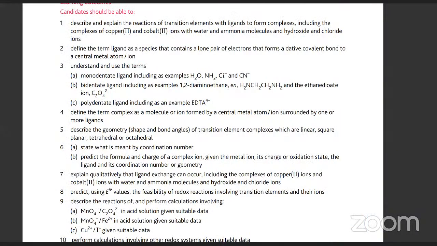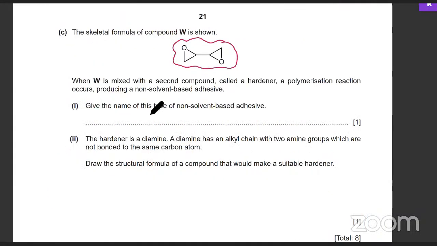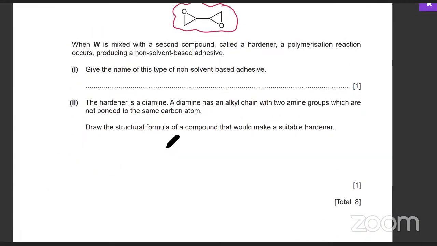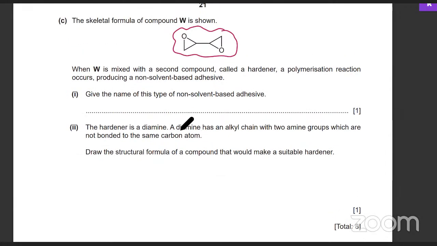Okay, so coming back to the question. It says the hardener is a diamine, which has an alkyl chain with two amine groups which are not bonded to the same carbon atom. Draw the structure that would make a suitable hardener. By the way, W is mixed with a second compound called a hardener.